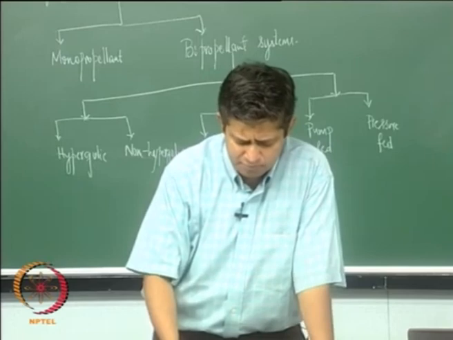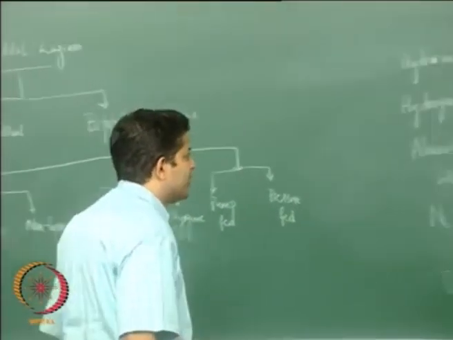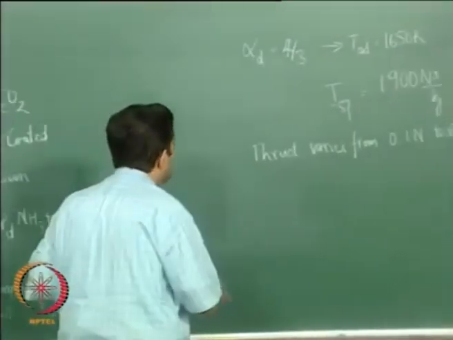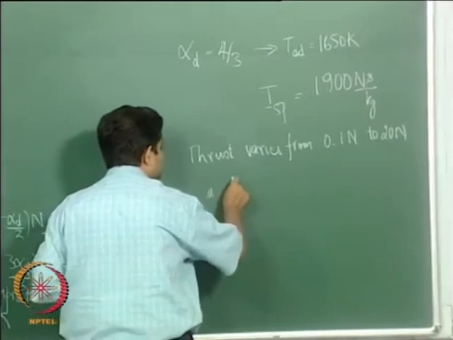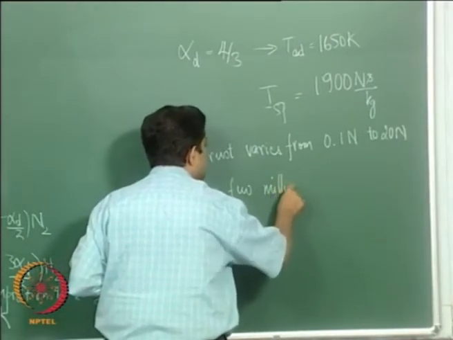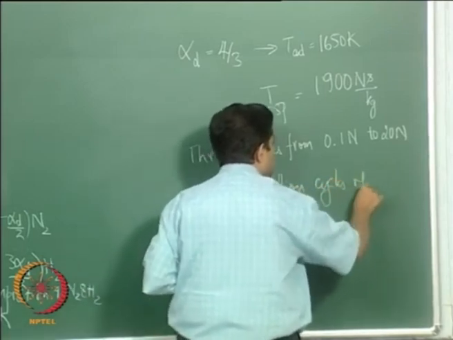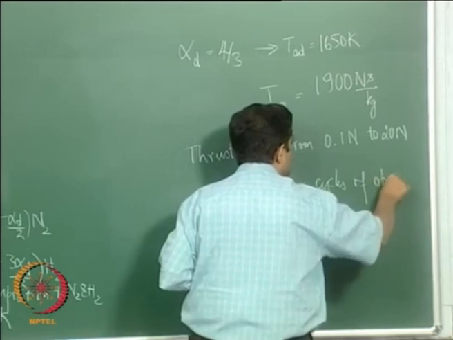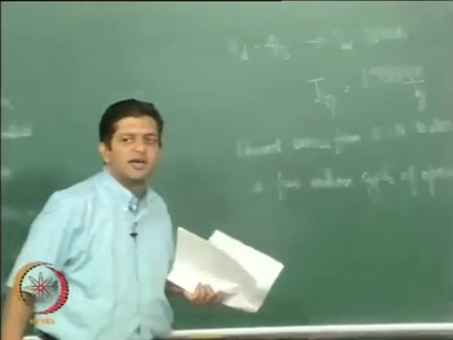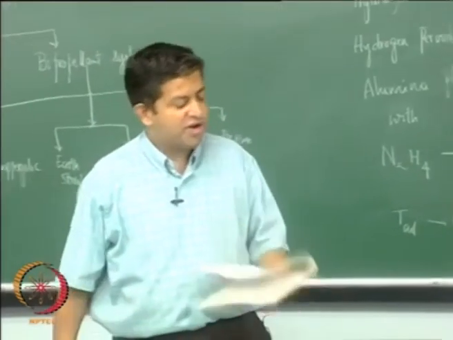And these thrusters will have to be operated to undergo a few million cycles, that is, they are switched on and off, and the burn time is typically very small.